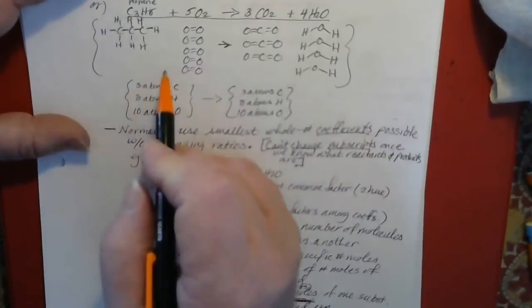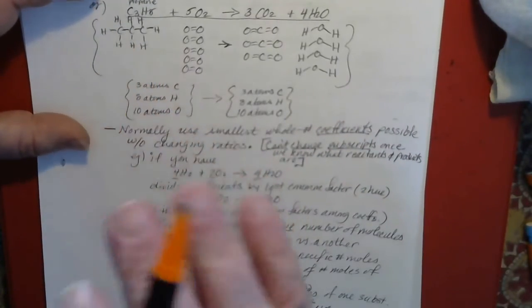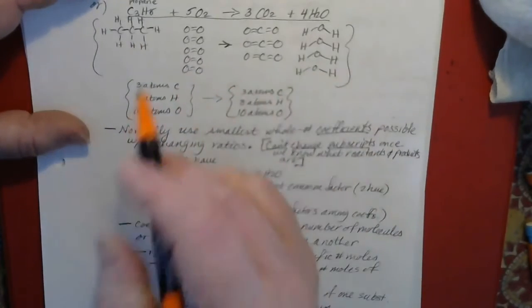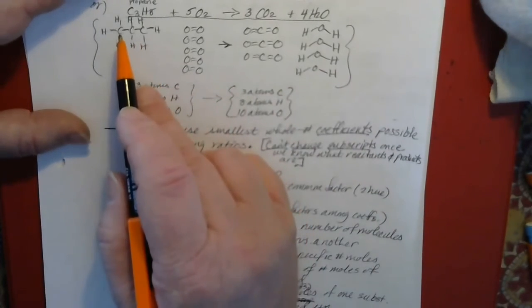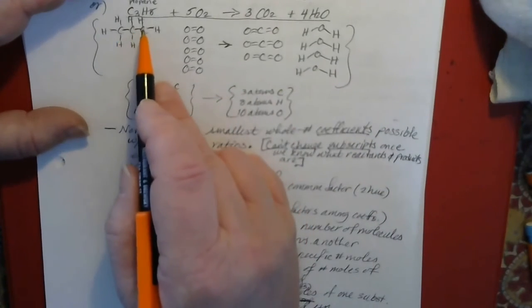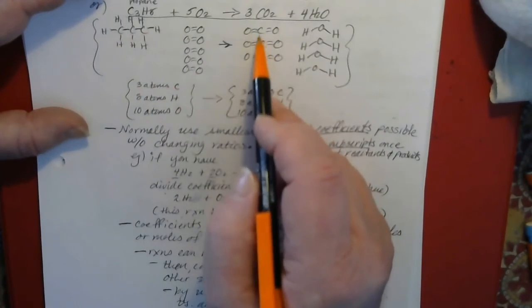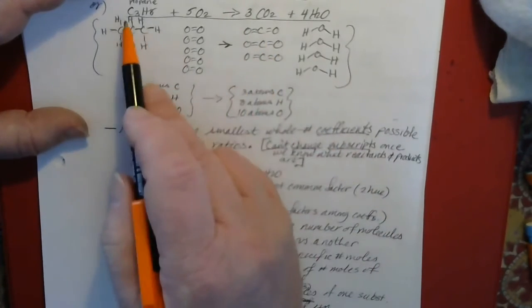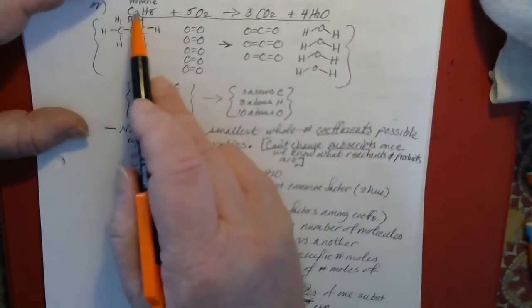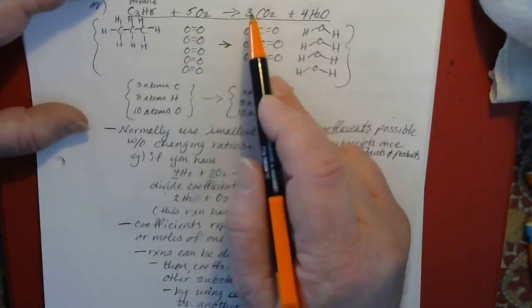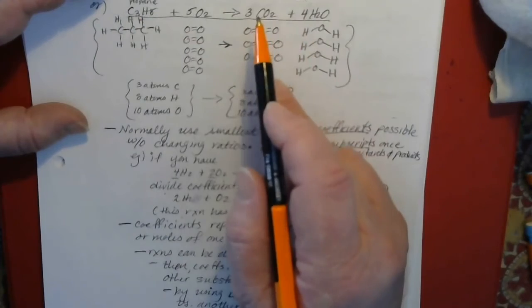And you can tell that this works out by looking at how many atoms of each element are going in versus coming out. So going in, we've got 1, 2, 3 carbons. And coming out, we've got 1, 2, 3 carbons. C3H8 means 3 carbons in that one molecule. 3 CO2s means 3 molecules, each of which have 1 carbon.